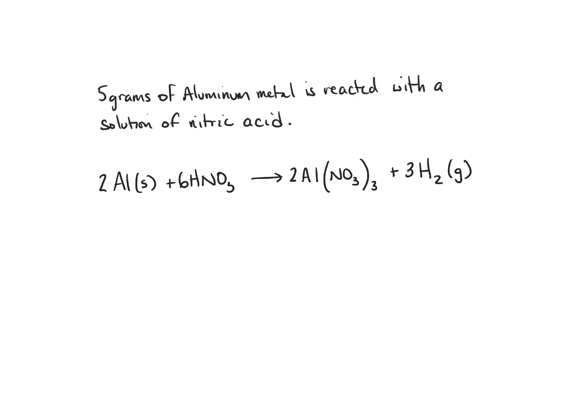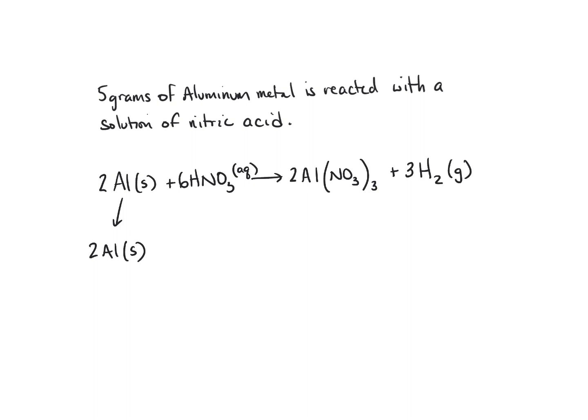So this is first, and then let's look at how we would write a net ionic for this. To do this, we need to look at everything. We need to say, what is it? This is going to remain as 2 Al, and that is going to be in solid form. This HNO3 is aqueous because we know that that's dissolved in water.